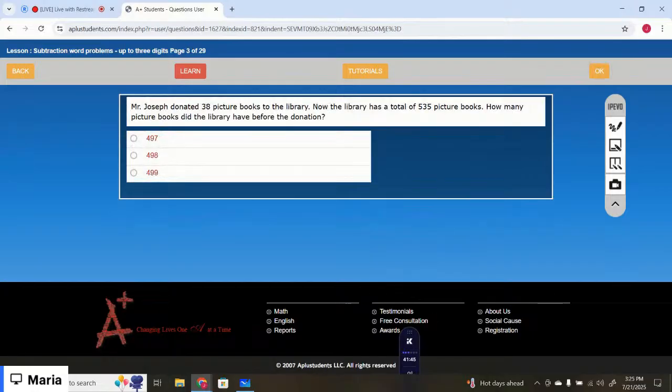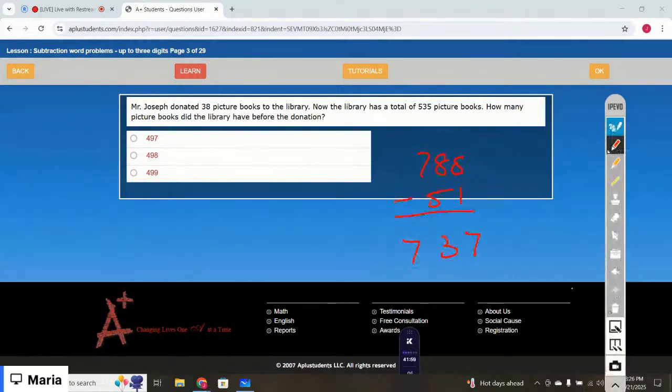Mr. Joseph donated 38 picture books to the library. Now the library has a total of 535 picture books. How many picture books did the library have before the donation? So after donating 38, now they have 535.